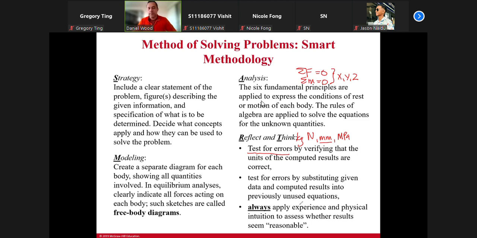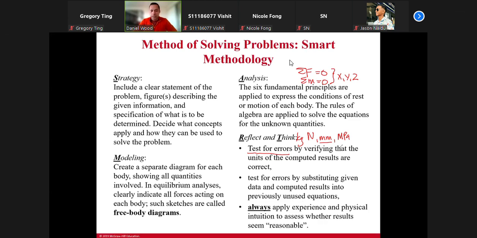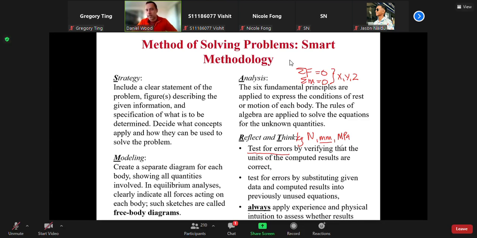Exactly, Rohan. Cross-check on Excel. Use that as some way of quickly double-checking your hand calc. Okay, so use the tools that you have in front of you, and always apply experience and physical intuition to assess whether the results seem reasonable. Test whether you believe the direction of a displacement is correct or whether the final resultant force is as you expected.